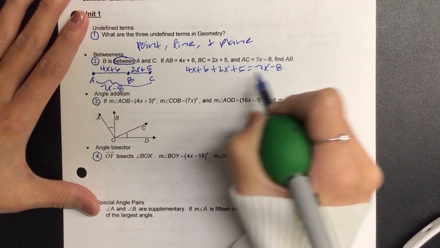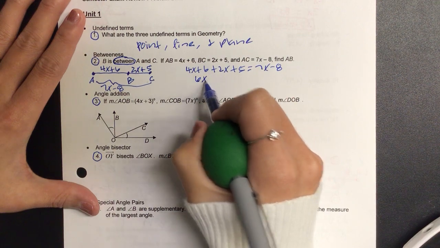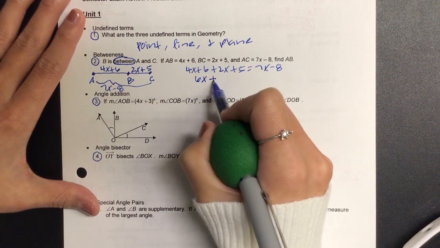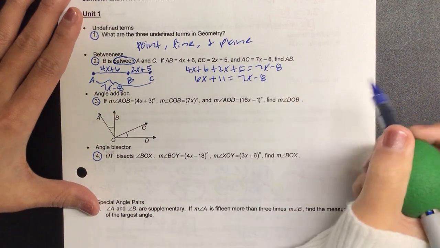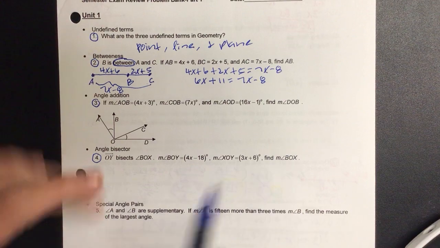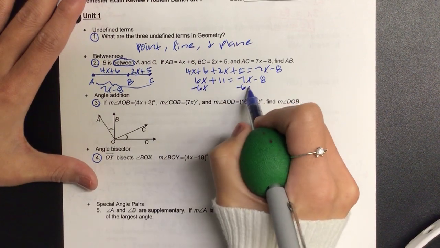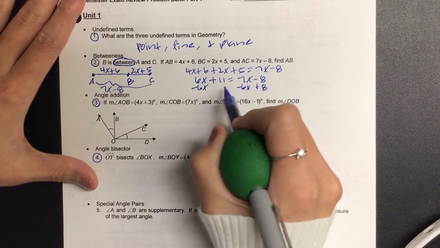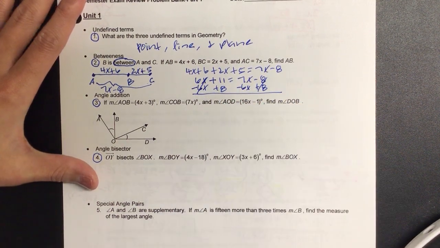7x minus 8. And then we're doing algebra 1 from here. 4x and 2x is 6x. 6 and 5 is how many? Good. And I'm going to leave the right side alone. And let's do two things at the same time. I am going to subtract 6x on both sides and add 8 on both sides. So that goes away, that goes away.